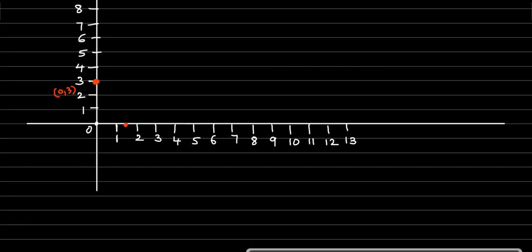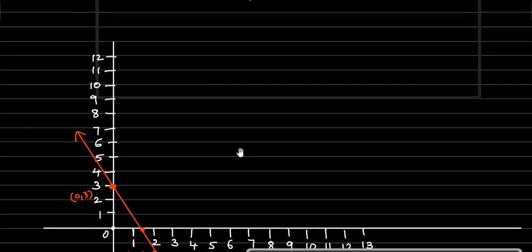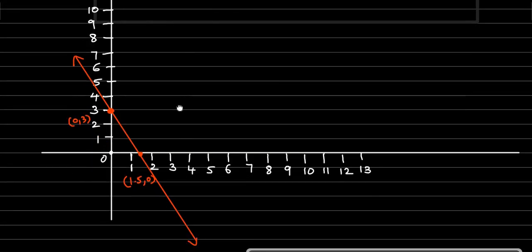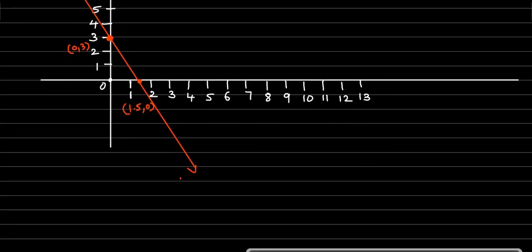So this point will be 1.5 comma 0. Now let's join both the points. If we join, we get the line 2x plus y equal to 3. So this is the line of 2x plus y equal to 3.